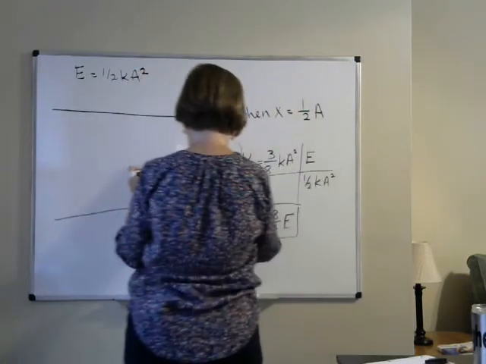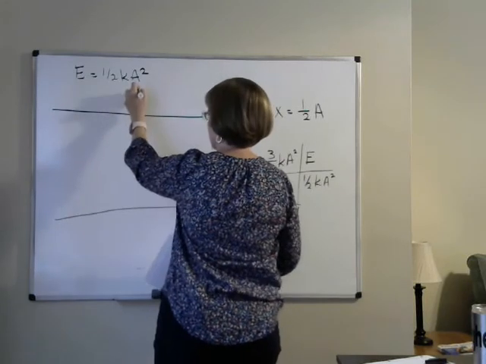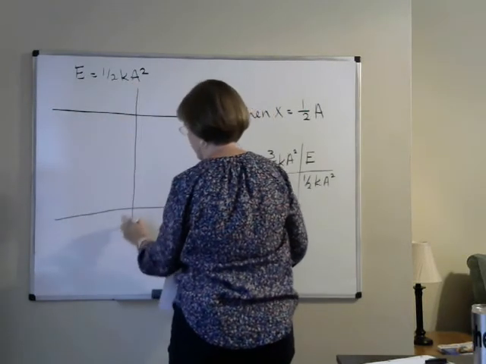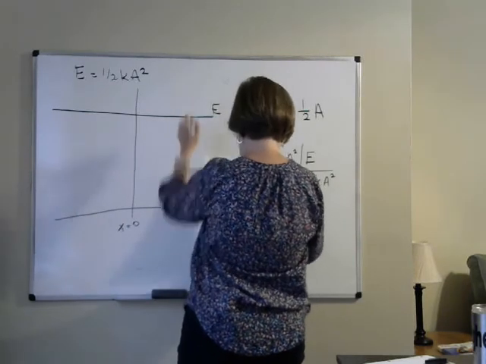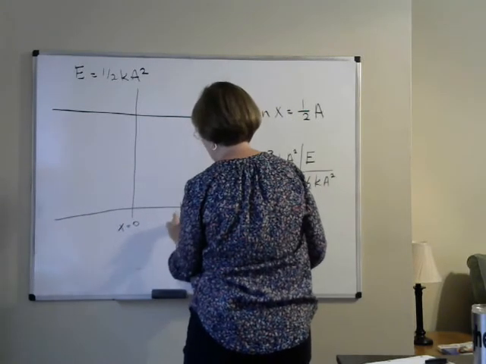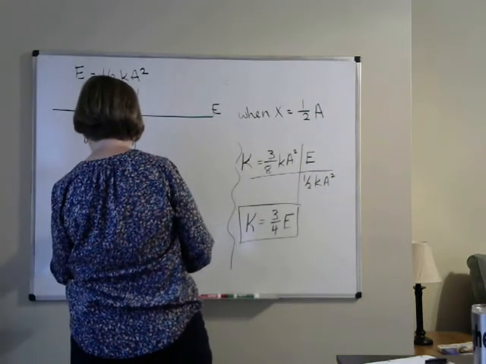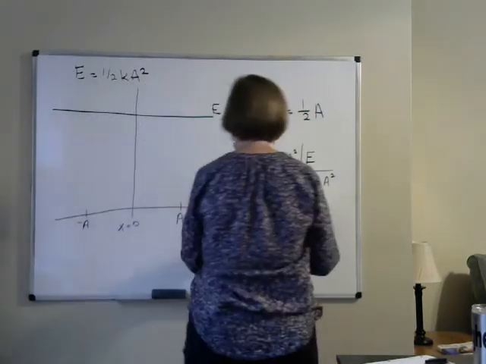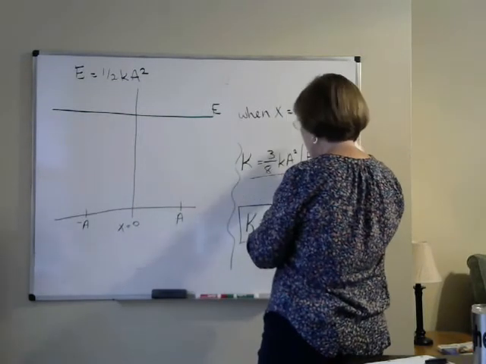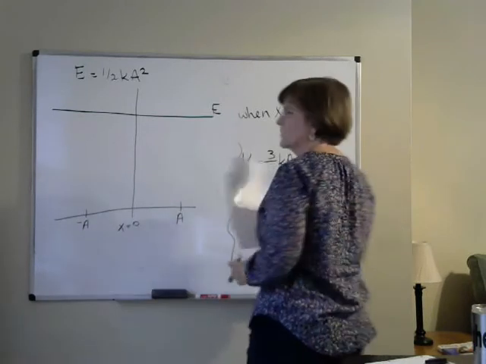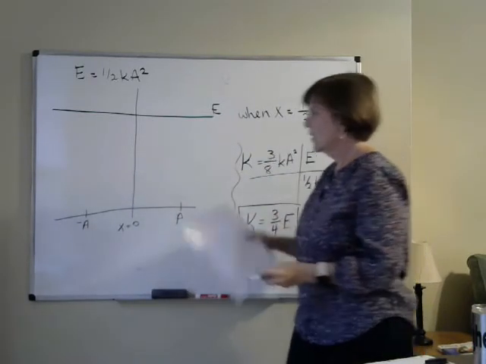When you stretch, this is the equilibrium point. And here is A, and here is negative A. Now, when you are at A or negative A, all of the energy is potential energy. When you're at either extreme, all of the energy.